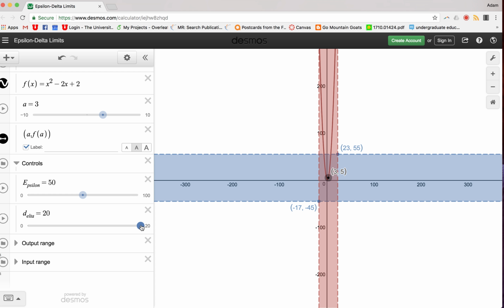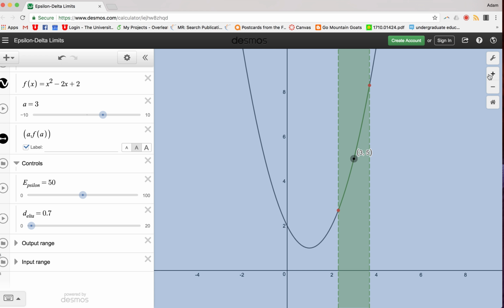Let's see if that works. It's got to be smaller than epsilon over 5, so that means smaller than 10, and it also has to be smaller than 1. So let's make our delta smaller than 1. Good, we're green. So our proof does indeed work.